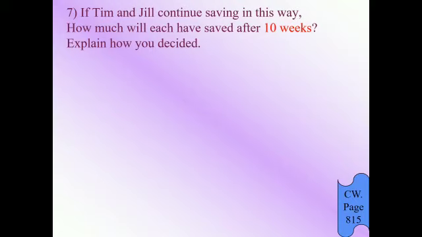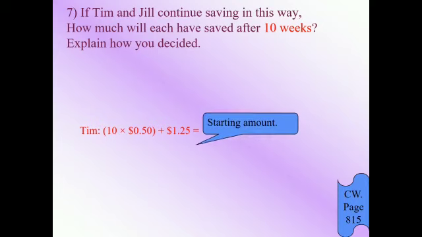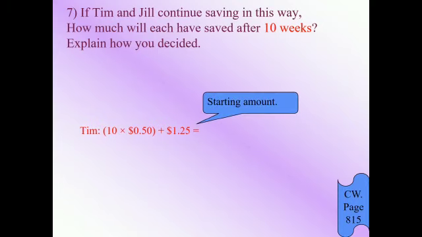I multiply 10 with 0.50 because he saves half a dollar each week, and I add 1.25 because this is the starting amount. When I multiply 10 with 0.5, it gives me $5. So $5 plus 1.25 gives me $6.25.